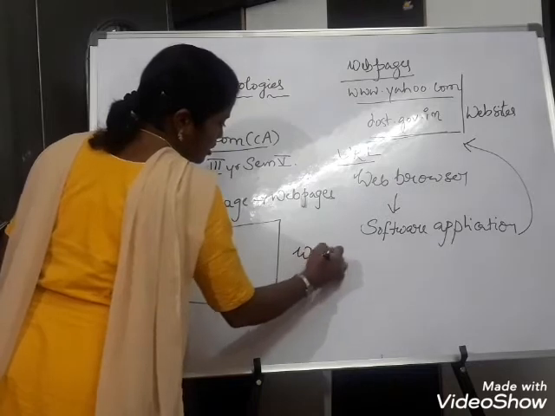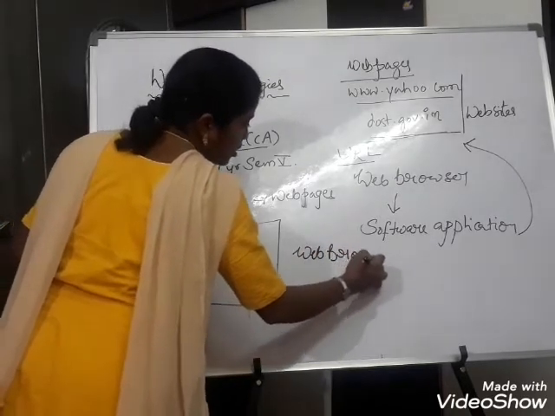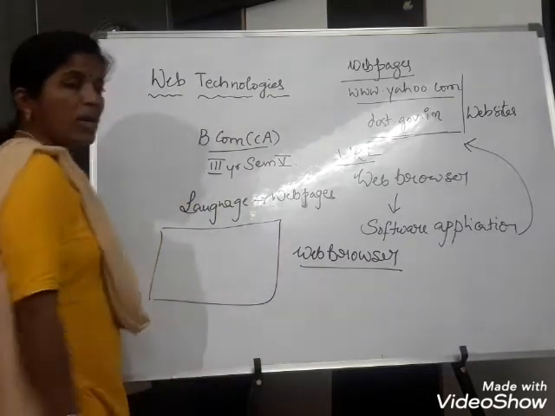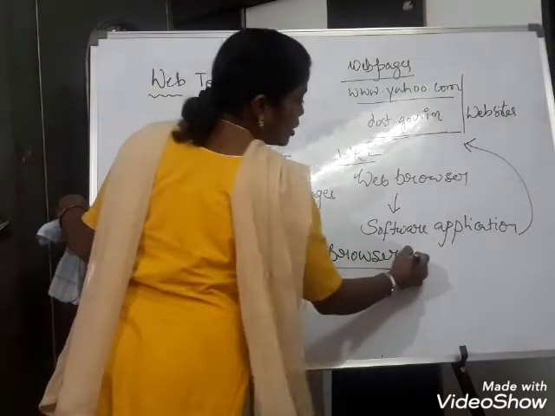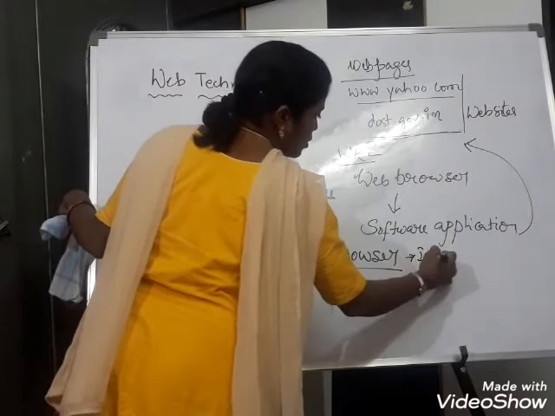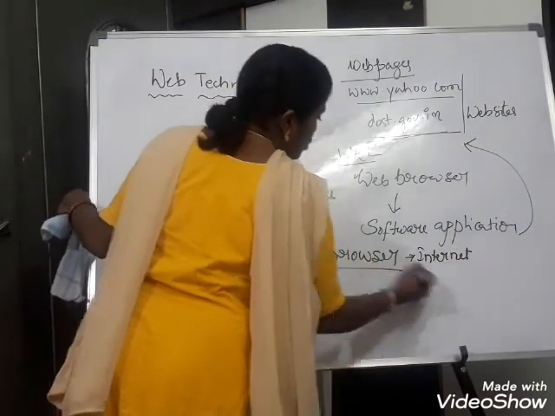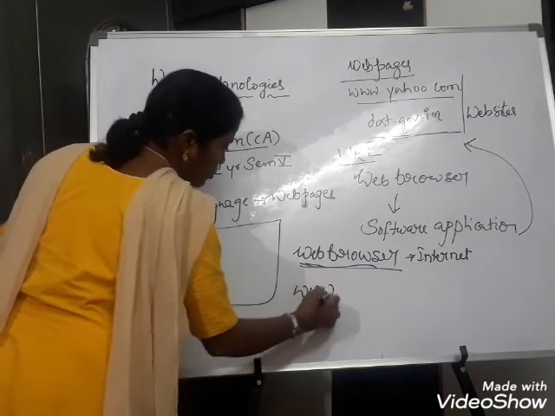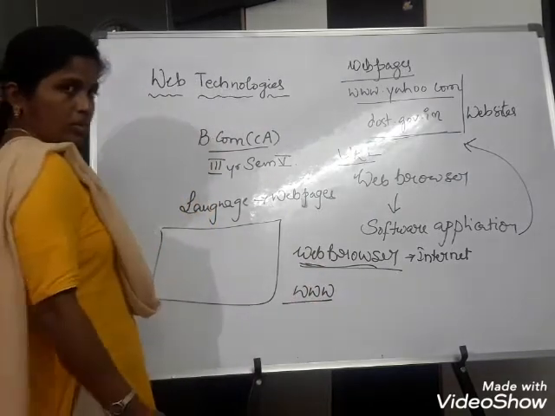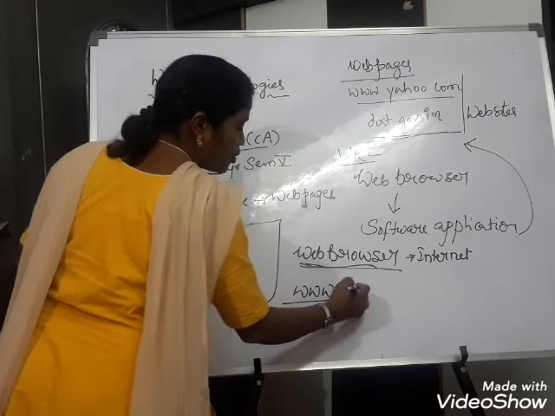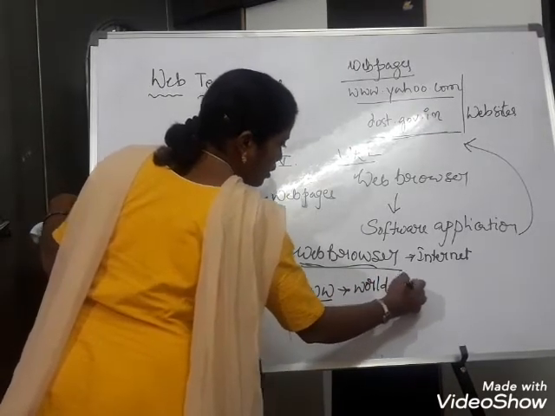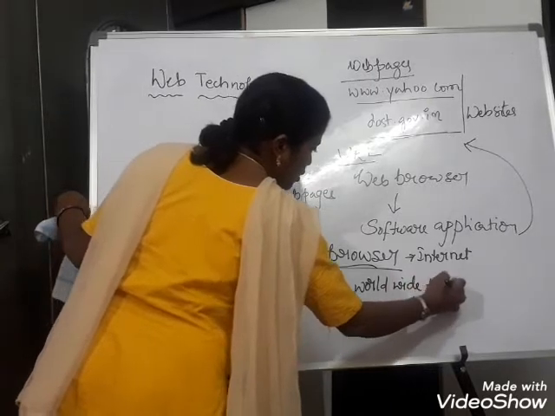We can access this through web browsers, right? When does this web browser work? When you have a connection through the internet. To make this web browser work, we have www. What is the full form of www? World Wide Web.